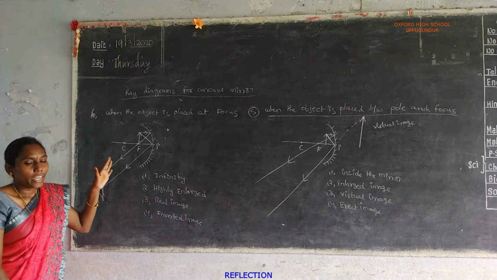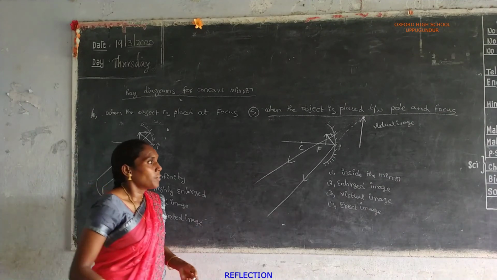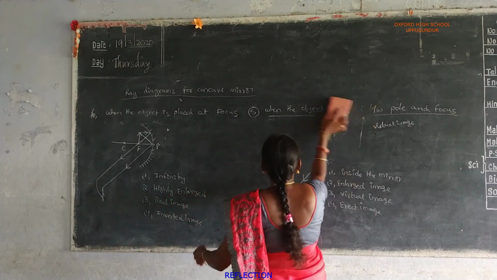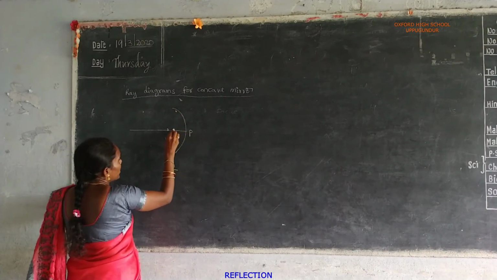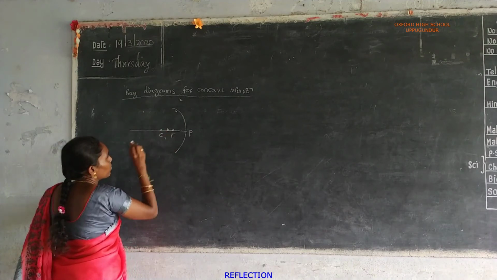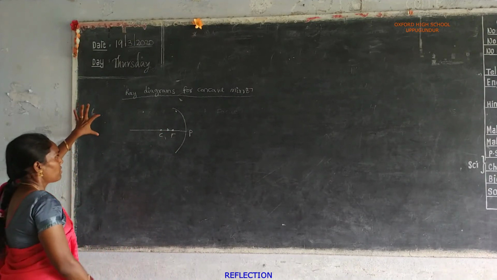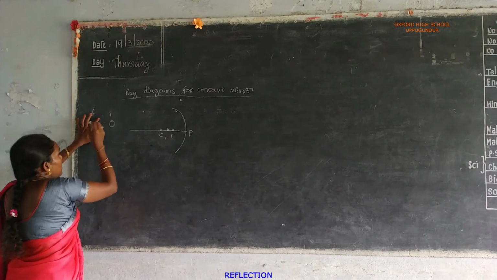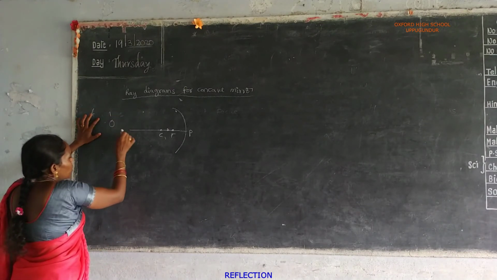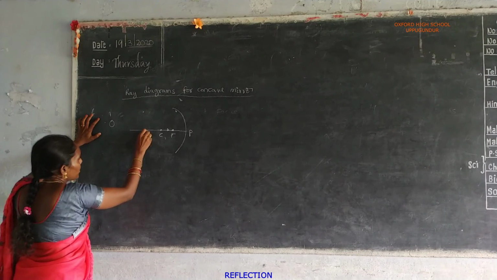These 6 ray diagrams are for the concave mirror. See? 6 ray diagrams for a concave mirror. This is pole and the focus and next center of curvature. The first ray diagram is when the object is at infinity. The second ray diagram is when the object is placed beyond center of curvature.